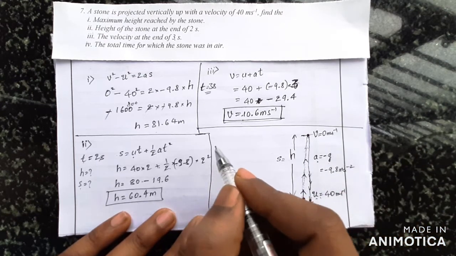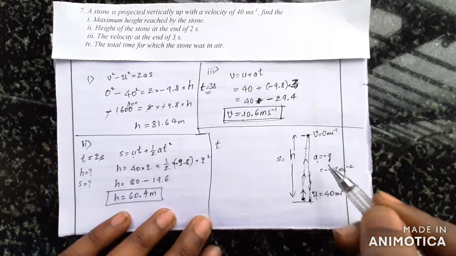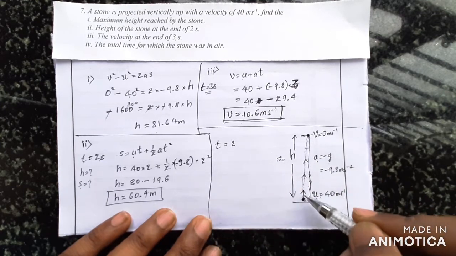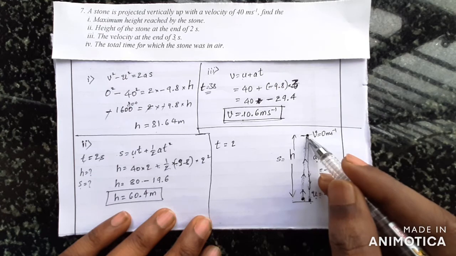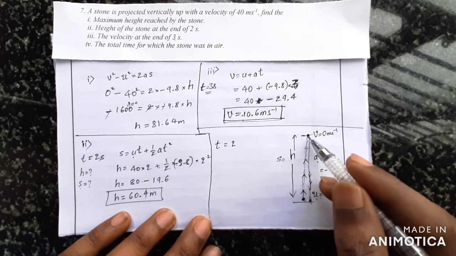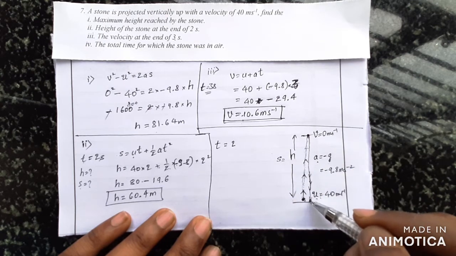So, the total time for which the stone was in air is equal to 2 times the time taken by the stone to reach from the bottom to the top, right? Total time is from bottom to top plus top to bottom again.